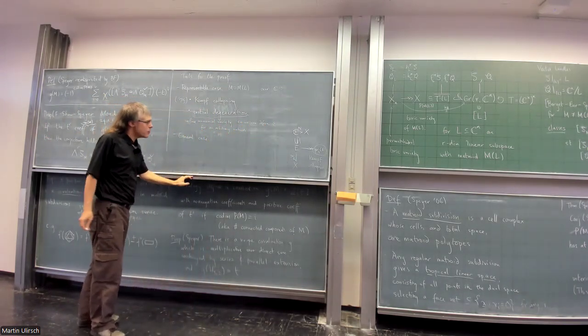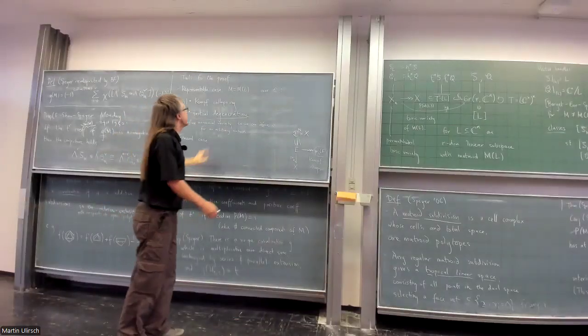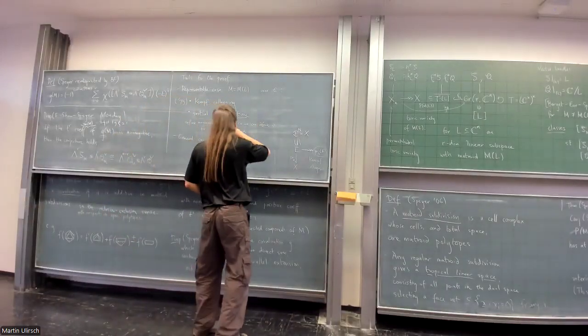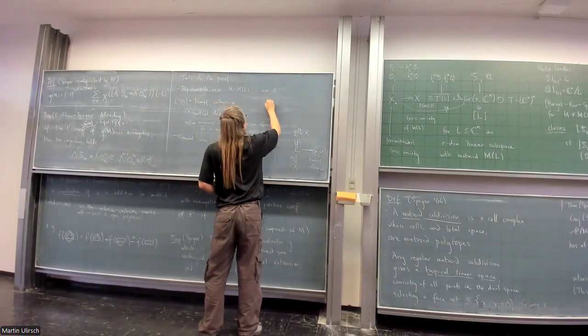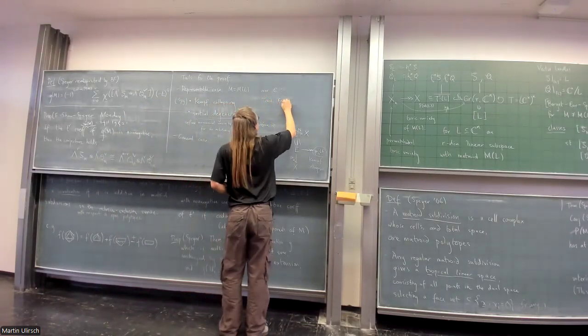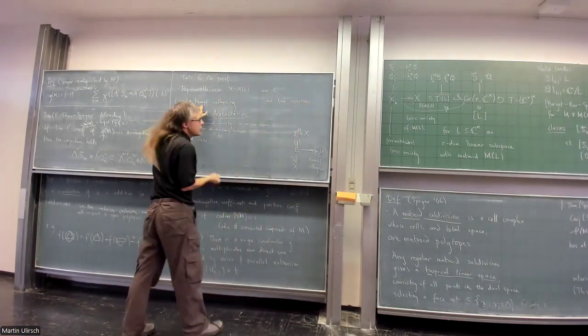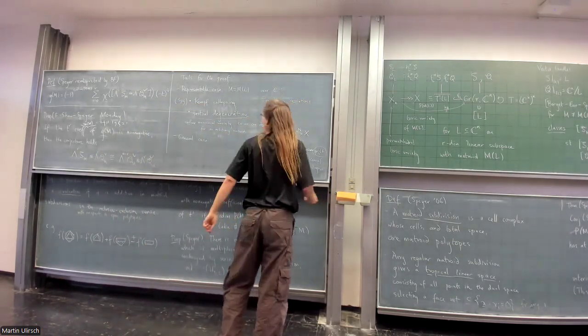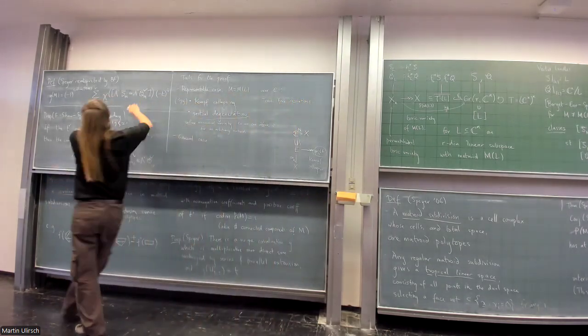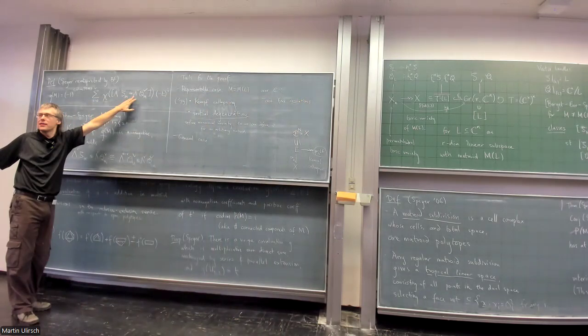But okay, these are the tools. How does the proof go? Well, the proof is basically sort of by tracking free resolutions. We start with a Koszul complex, something which has lots of wedge powers in it.